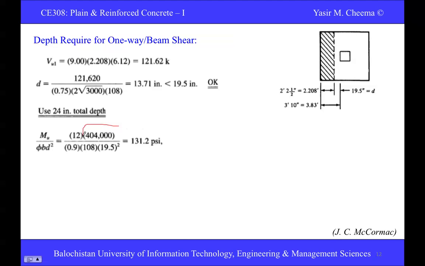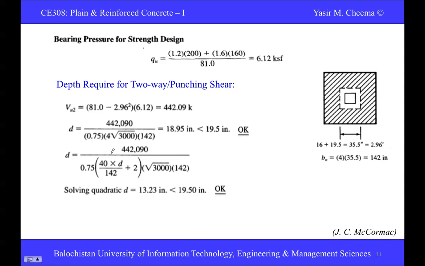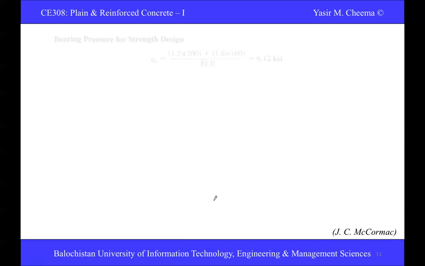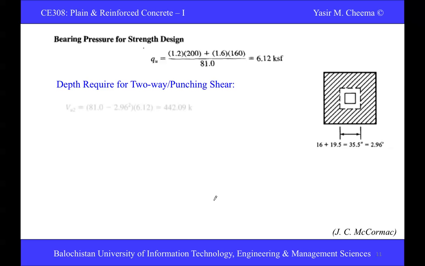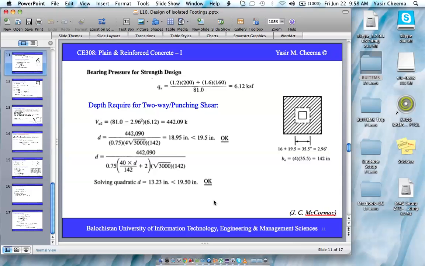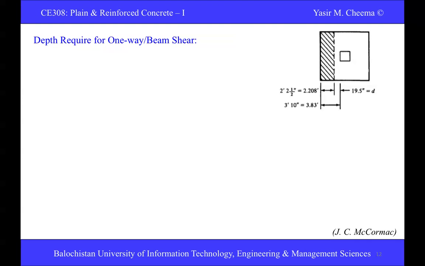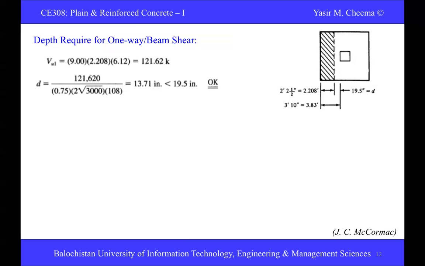Mu is 404, which I think was calculated somewhere. Yes, 12 into 404 over phi B D square.